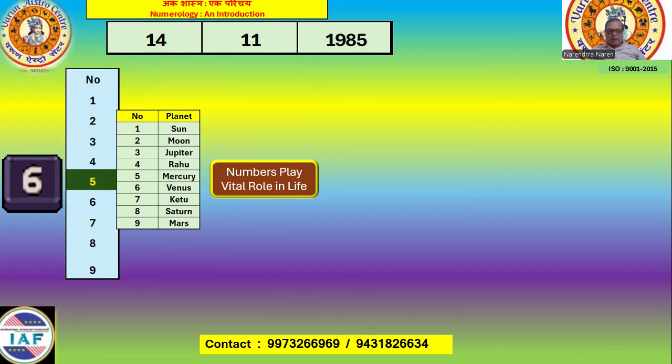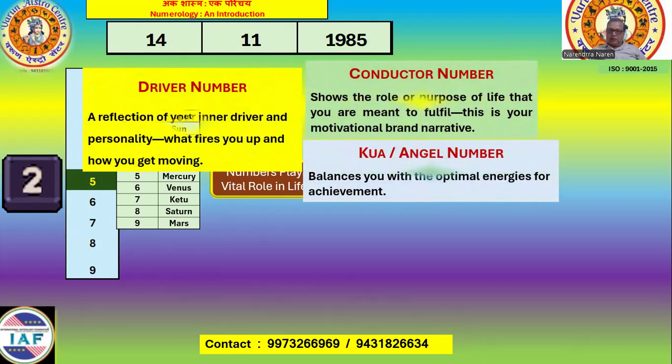So let us understand the various terms. Driver number is a reflection of our own inner driver, or we can say it is the reflection of inner personality. What fires us up and how it is moving. Conductor number shows the role or purpose of life that we are meant to fulfill.